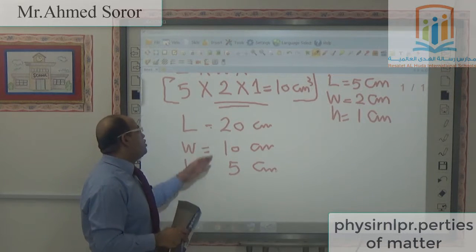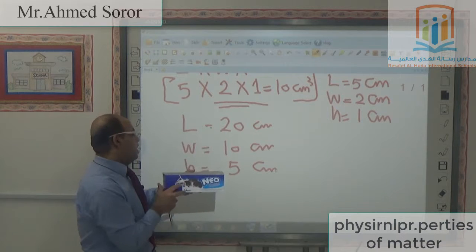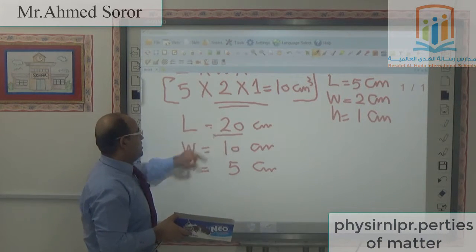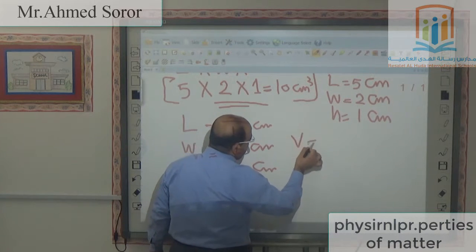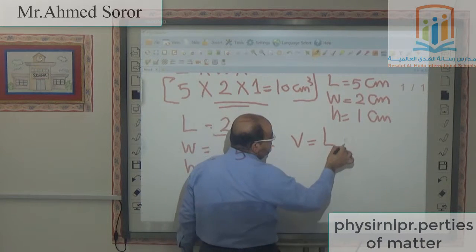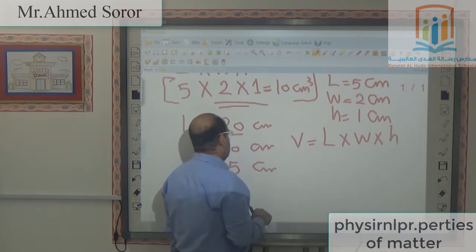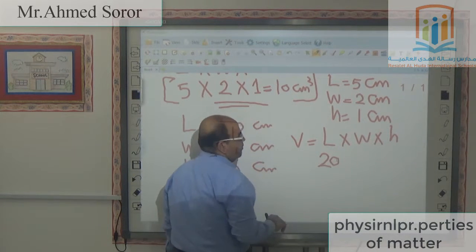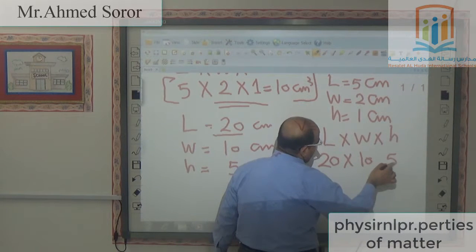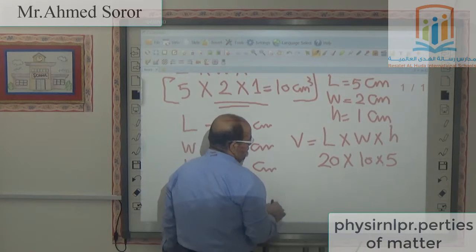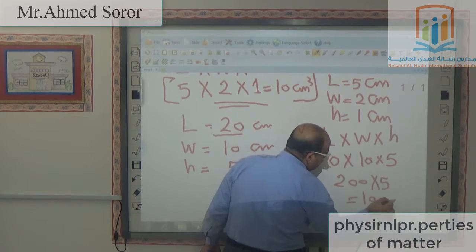Who can tell me what the volume of this rectangular solid is? We measure its length by the ruler, and its width and its height, and use the mathematical equation V equals L by W by H. Length equals 20 by width equals 10 by height equals 5 centimeters. 20 by 10 equals 200, by 5 equals 1,000 cubic centimeters.